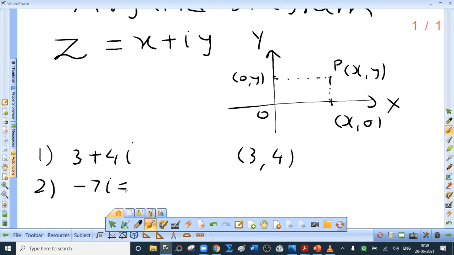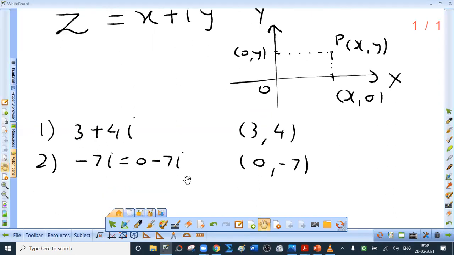Now minus 7i can be written as 0 minus 7i, so it can be represented by the point (0, -7). If I consider one more, say 3/4 i minus 11, then don't say the point is (3/4, -11). The point is (-11, 3/4).